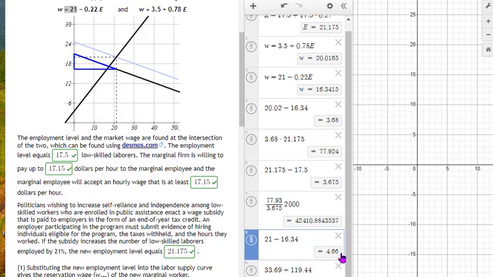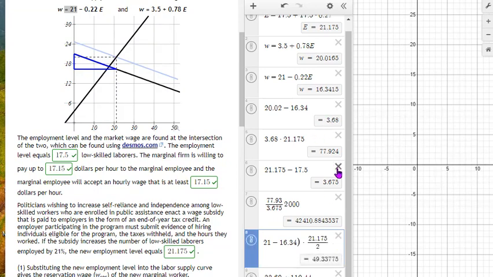So that's the height of this triangle. Now we're going to multiply that by the new employment level, which is 21.175, right? That makes a rectangle. That'd be the area of this rectangle. The triangle's half that area. We don't want the whole rectangle, we want half the rectangle, so we have to divide this by 2.